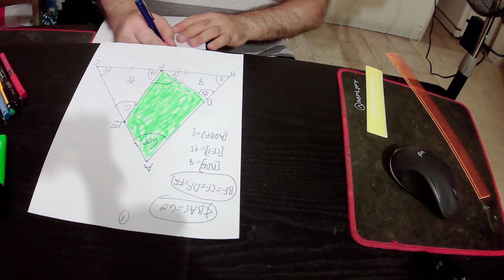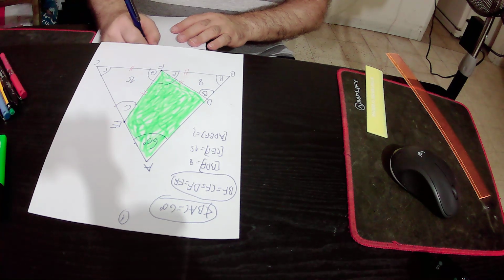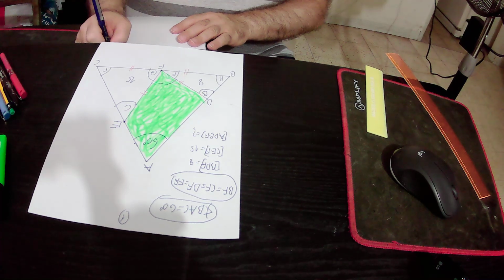to rule number 2. So P plus Q plus the size of angle DFE must be equal to 180 degrees according to rule number 2.